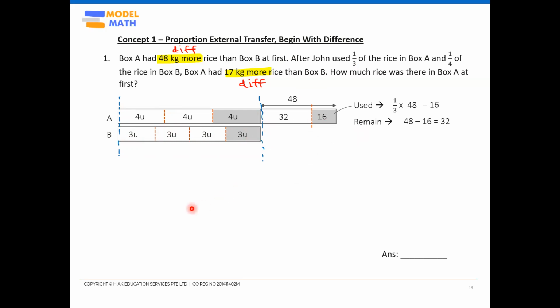Now, what we can do next is we are going to redraw the unshaded portion because the unshaded portion are the leftover portion. So when you redraw it, make sure you have space and make sure you bring down the units neatly. Try to make the measurements as accurate as possible, following the above. So look at A first. Okay, let's decide on A first. So box A, whatever is left is your 8 units here, also with the 32.